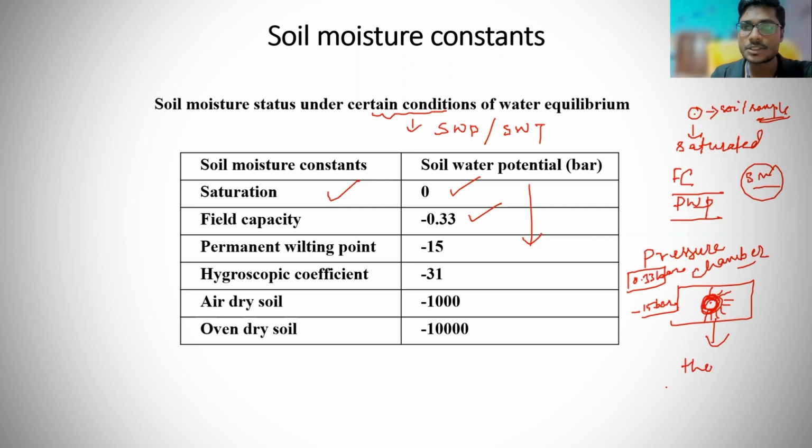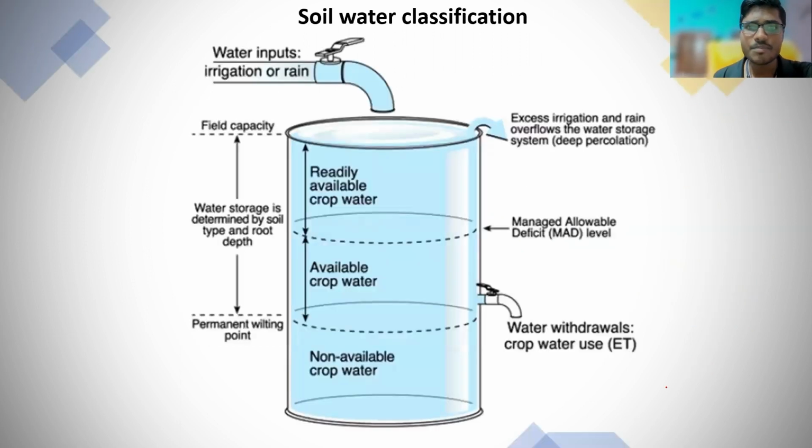This is the example I have taken for classifying soil water. Imagine this is a water tank, and we'll compare this water tank with our soil. Imagine the soil is a water tank. We'll first see the example of the water tank, then apply our knowledge to the soil.